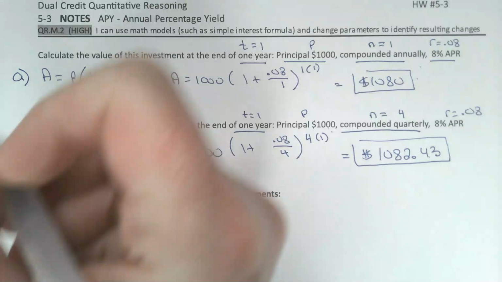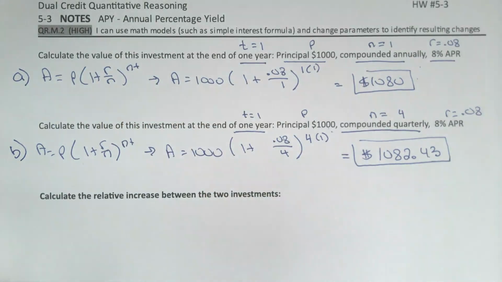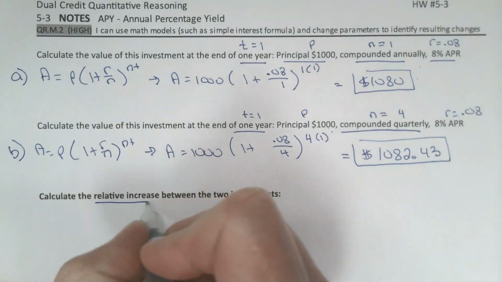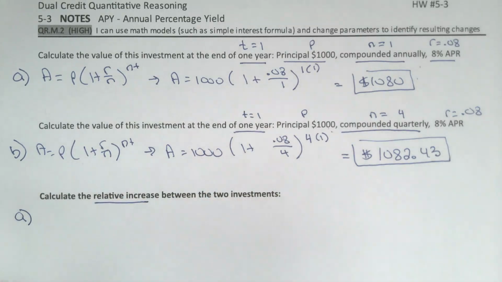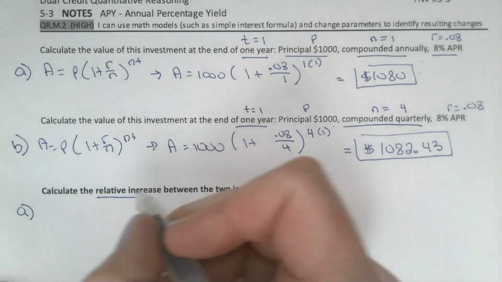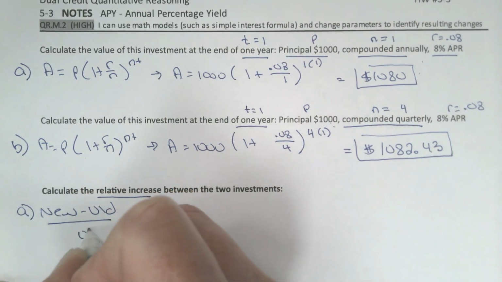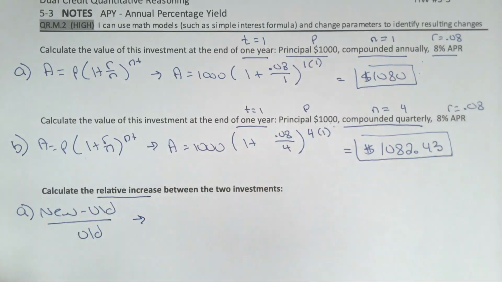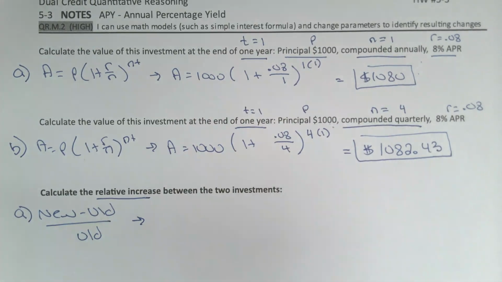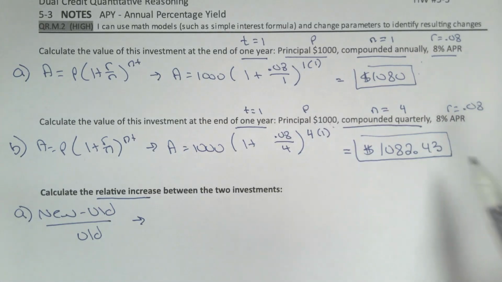I'm going to call this first one A and that second one B. Relative increase is something that we have done before. This is taking new minus old divided by old. So relative increase is just the decimal version of percent increase. So we're basically testing what is the percent increase when it compounds.